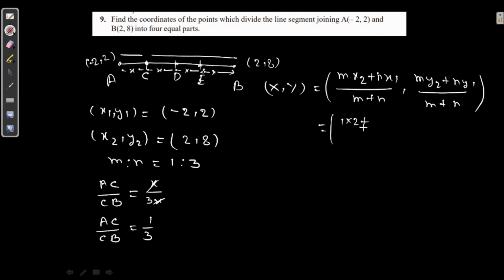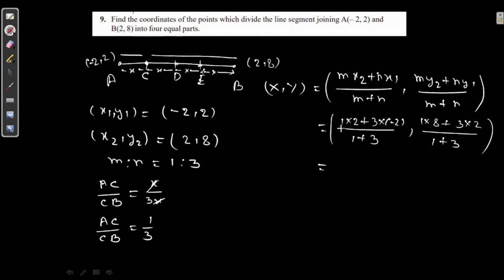The value of n is 3, multiplied by x1, and the value of x1 is -2. This negative number will be in brackets. m is 1, n is 3. After the comma, m is 1, y2 is 8, so 1 into 8 plus n is 3, y1 is 2, upon m is 1, n is 3.